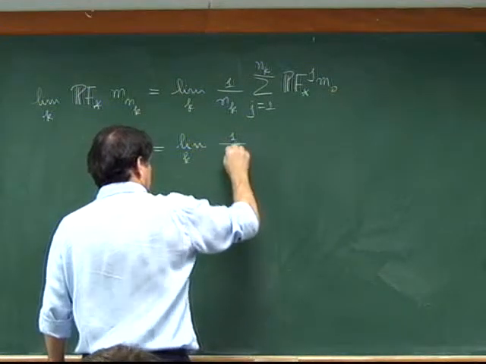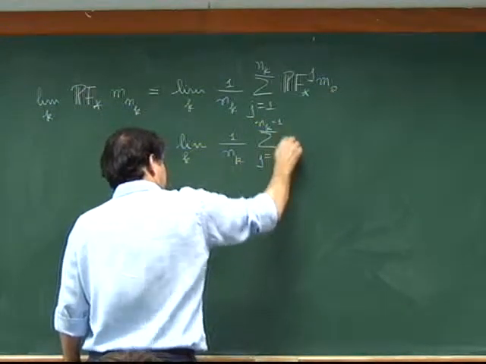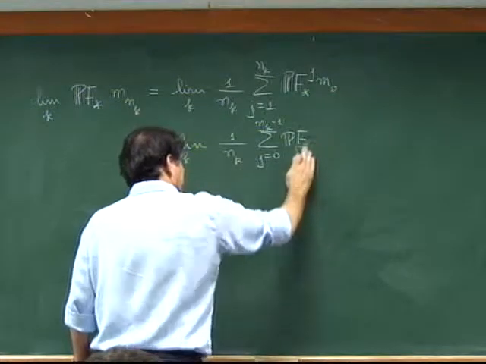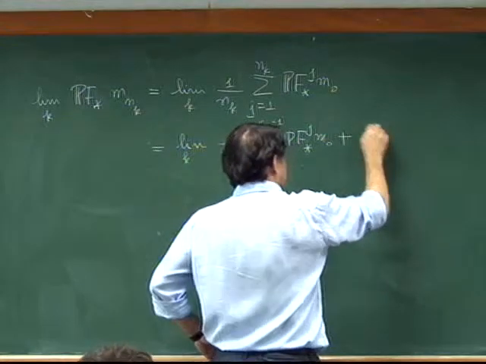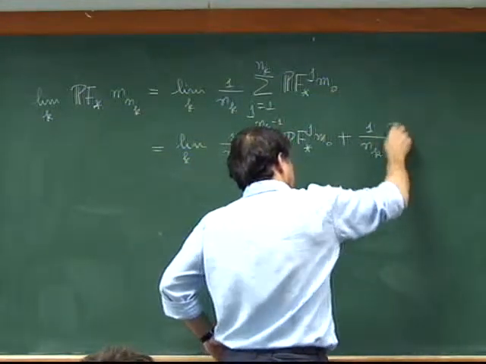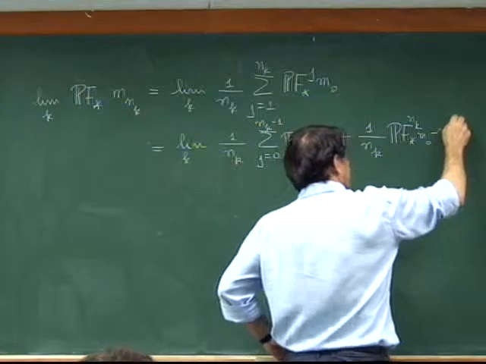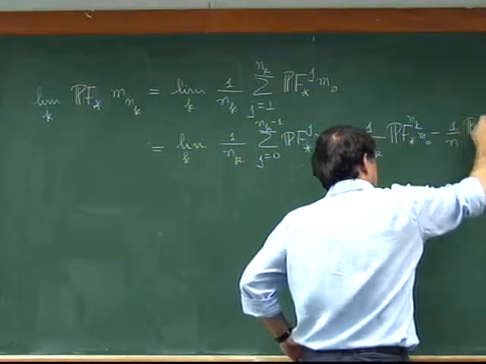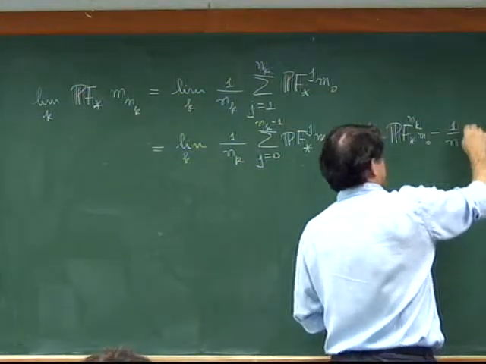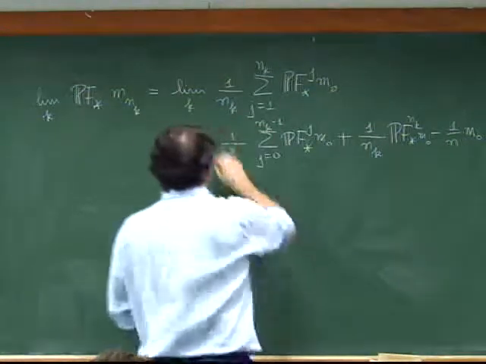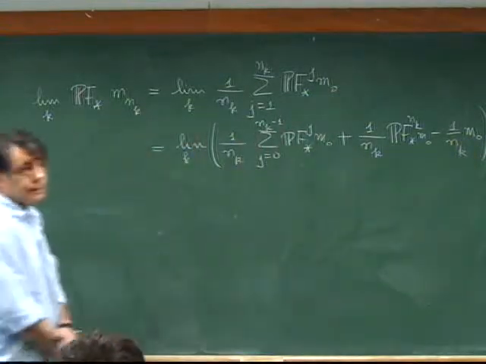This is the same thing as 1 over nk sum j from 0 to nk minus 1, plus the last term, minus the first term. First term, j equals 0, is just m0.